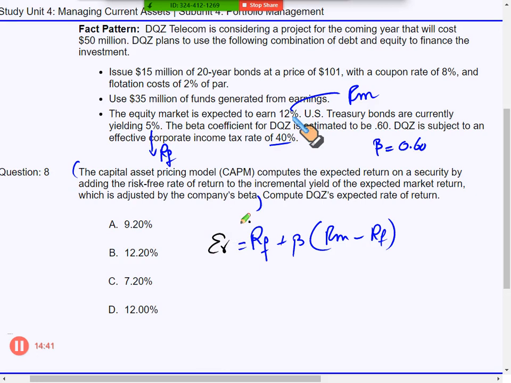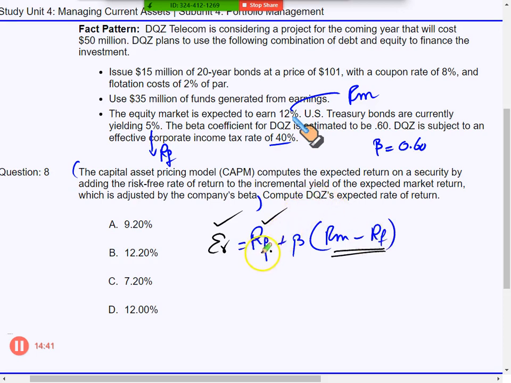If you read the statement, reconcile the words with the symbols in the formula. The capital asset pricing model computes the expected return on a security, yes. How? By adding the risk-free rate, yes. To what? To the incremental yield, RM minus RF, which is called the market risk premium.